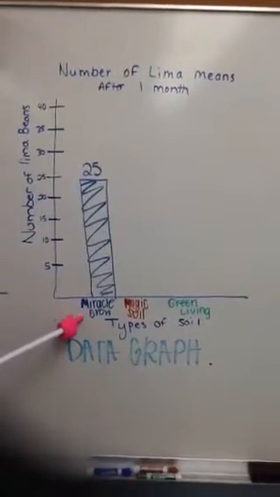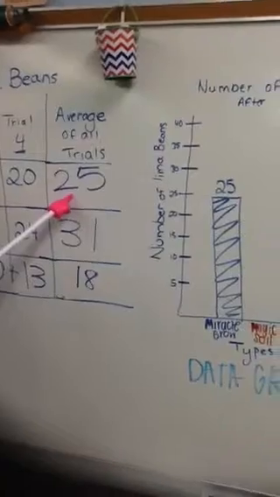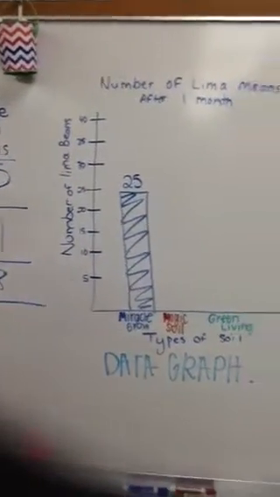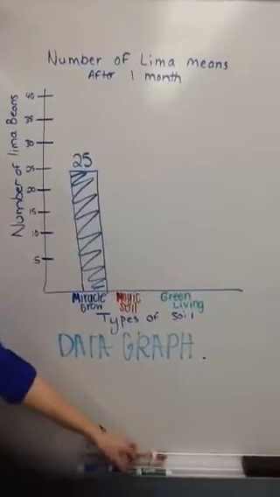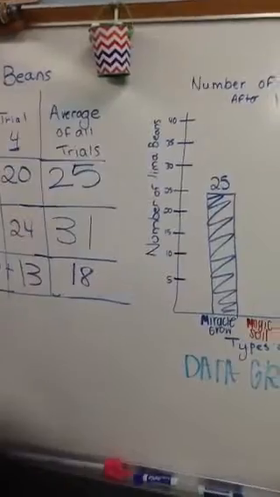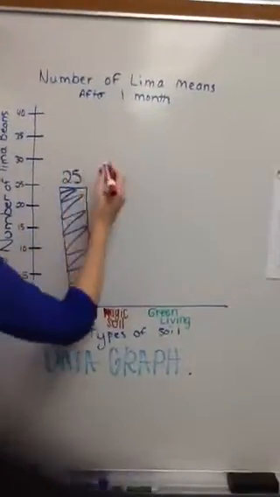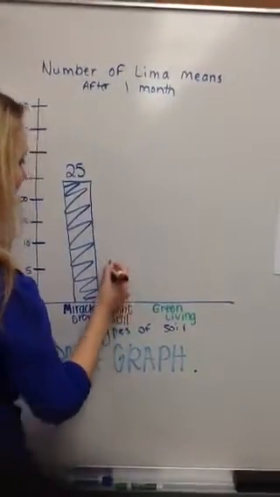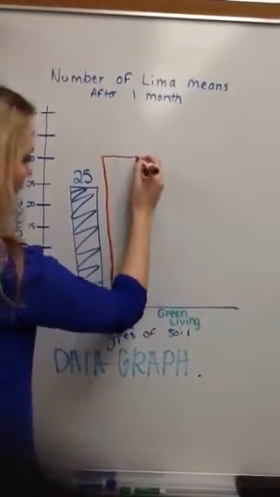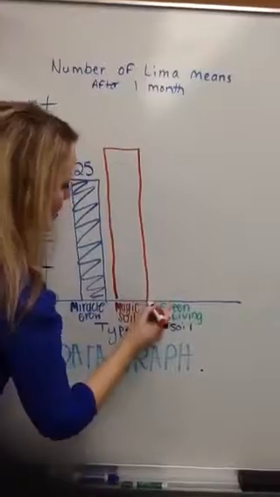And we've already done Miracle Grow. As we've said previously, the average we got for the Miracle Grow soil was 25. So next I'm going to do Magic Soil. Magic Soil gave us about 31 overall beans. So I'm going to do it in a different color, just so my graph will be nice and clear for people who are reading it.